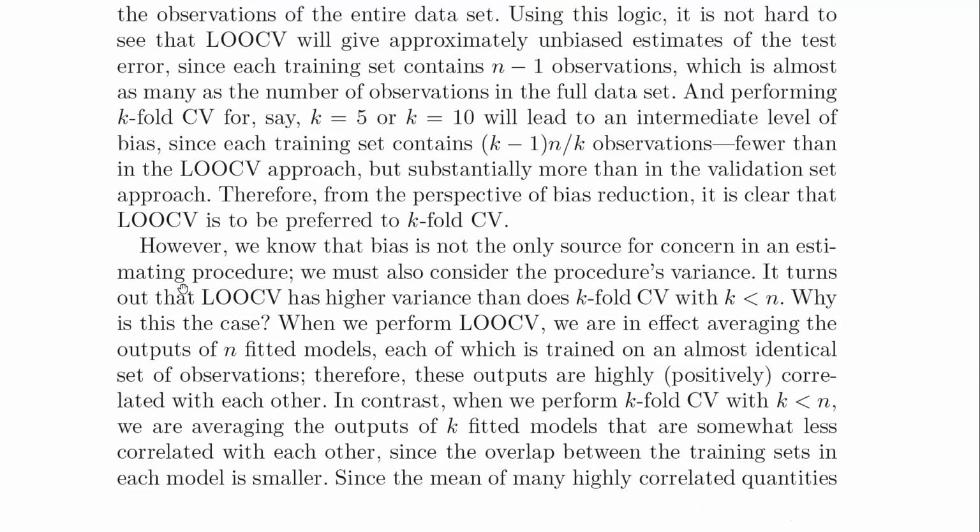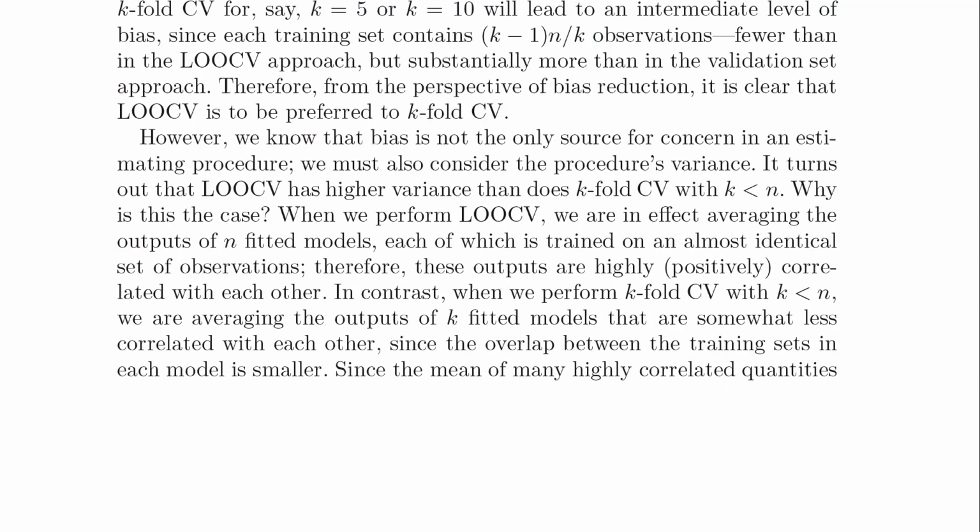However, we know that bias is not the only source for concern in an estimating procedure. We must also consider the procedure's variance. It turns out that leave one out has higher variance than does k-fold cross-validation with k less than n. Why is this the case?